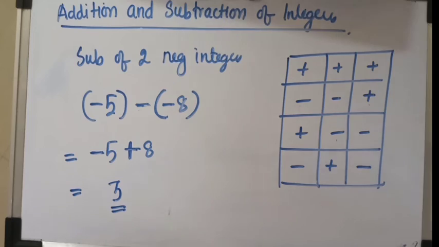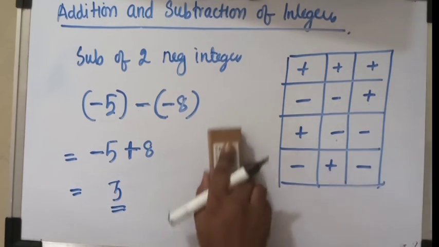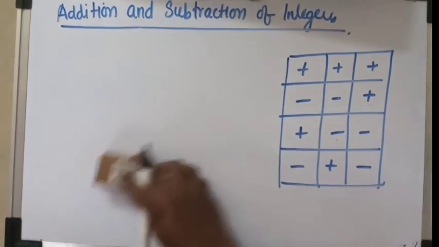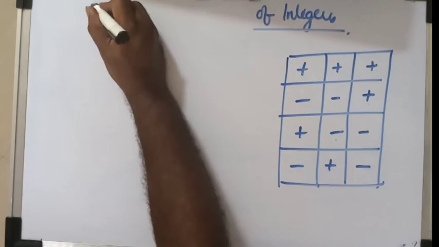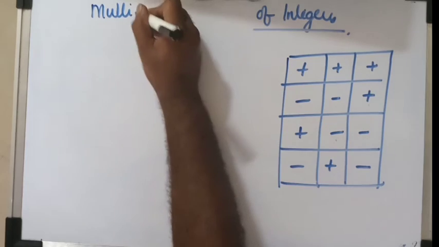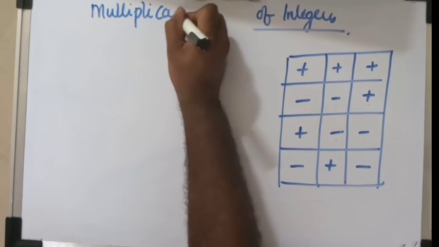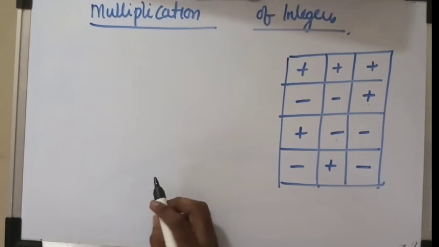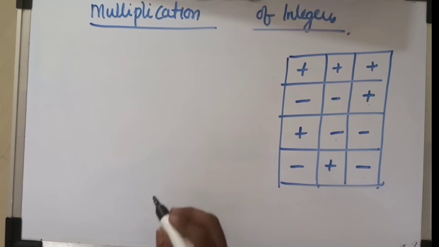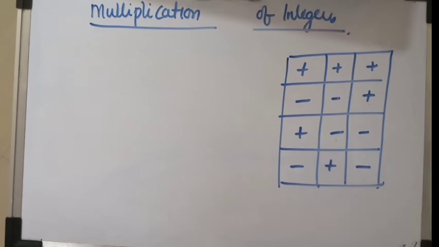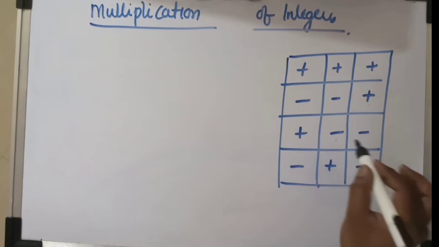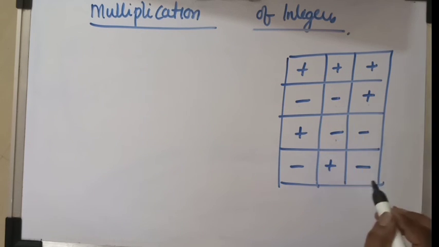Okay children, I hope that you understood this. Now we'll be seeing multiplication of integers. When you multiply two integers, plus into plus will give you plus, minus into minus will give you plus, plus into minus will give you minus, and minus into plus will give you minus.